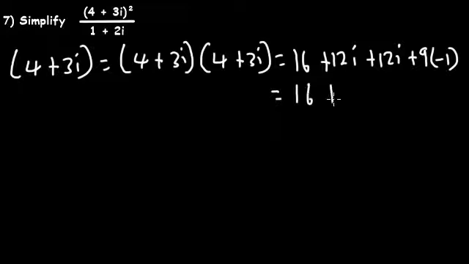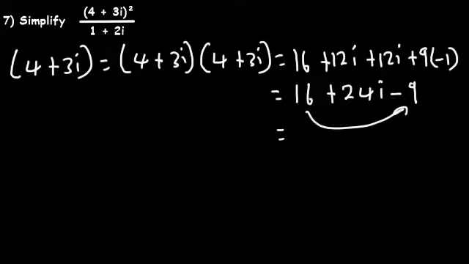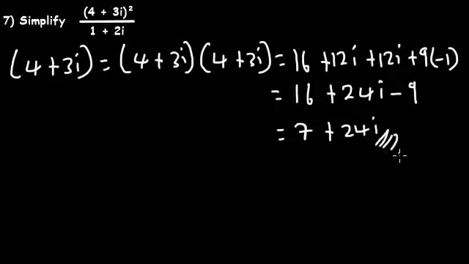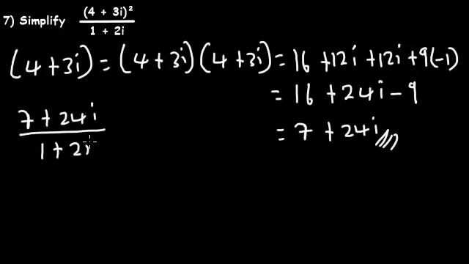This equals 16 plus 12i plus 12i, which are addable, giving us 24i. Then we have minus 9. What is the addition of 16 and minus 9? That will result in 7 plus 24i. So that is the simplification of the numerator. Now it's easy for me to replace, so the expression has been reduced to (7 plus 24i) divided by (1 plus 2i).